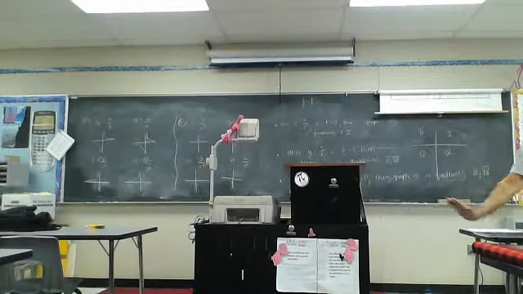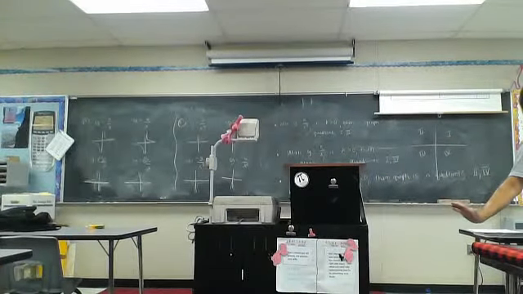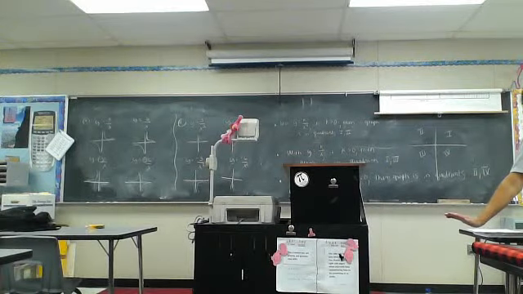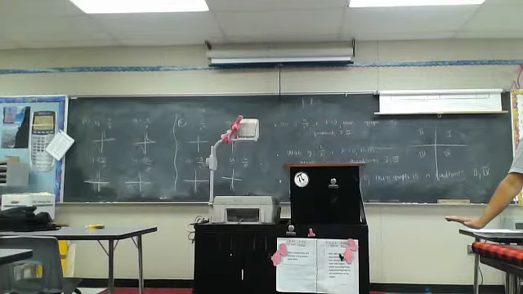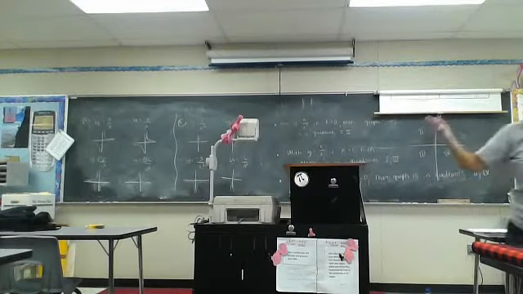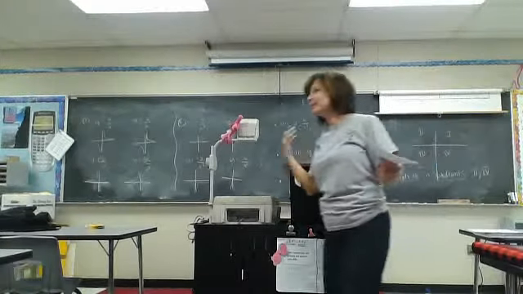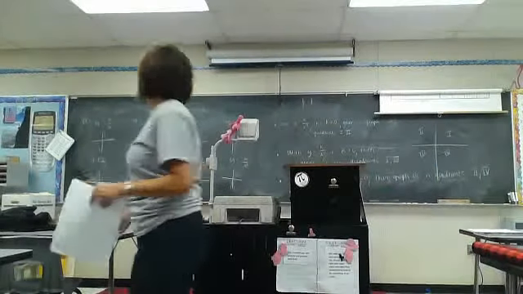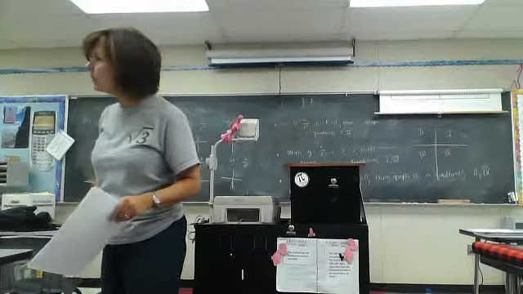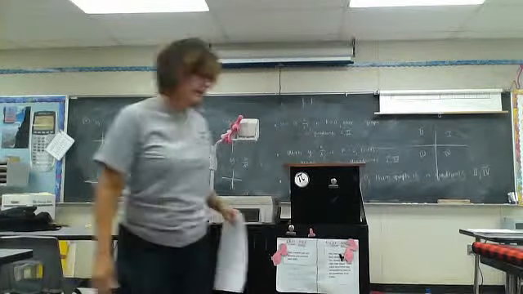Maybe you turn this way. Is that looking pretty good? Walk like an Egyptian. Or y equals negative 2 over x, and you can go like this. But just the general shape of them is a shortcut in showing what those parent functions look like.